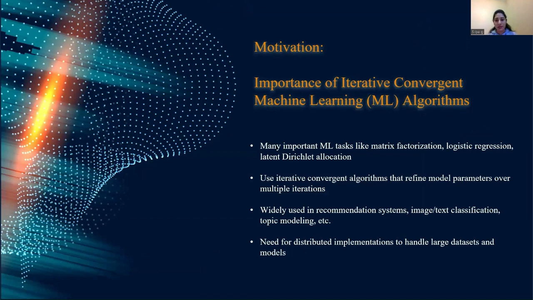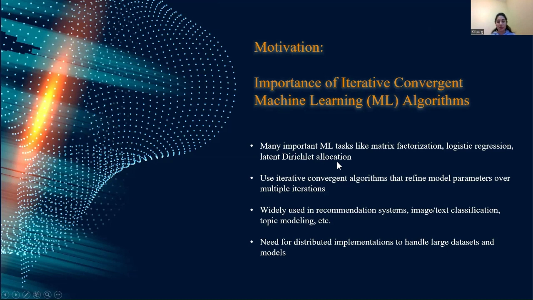The important iterative convergent machine learning algorithms are matrix factorization for recommendation systems, for example, Netflix movie recommendations, and logistic regression, for example, image and text classification. And the last one, latent Dirichlet allocation.